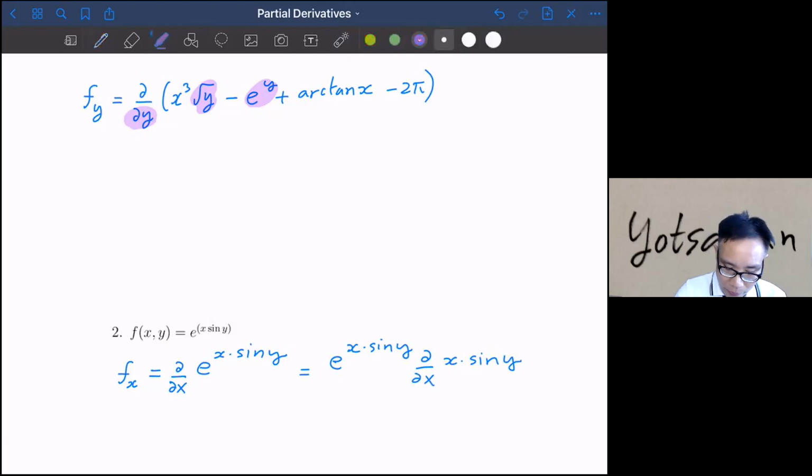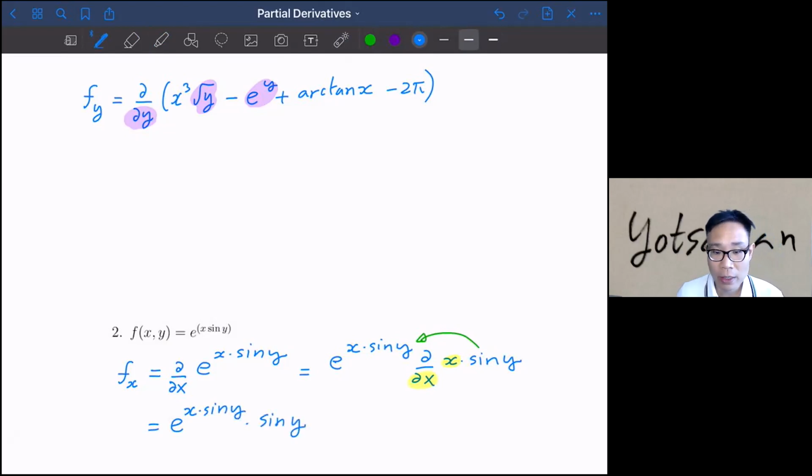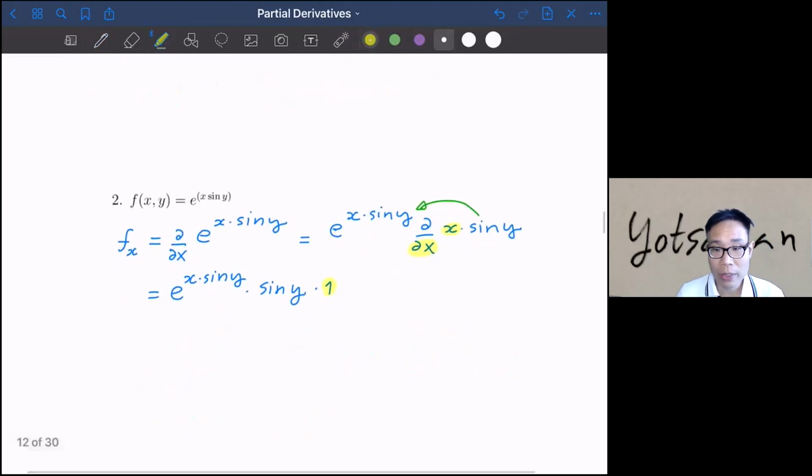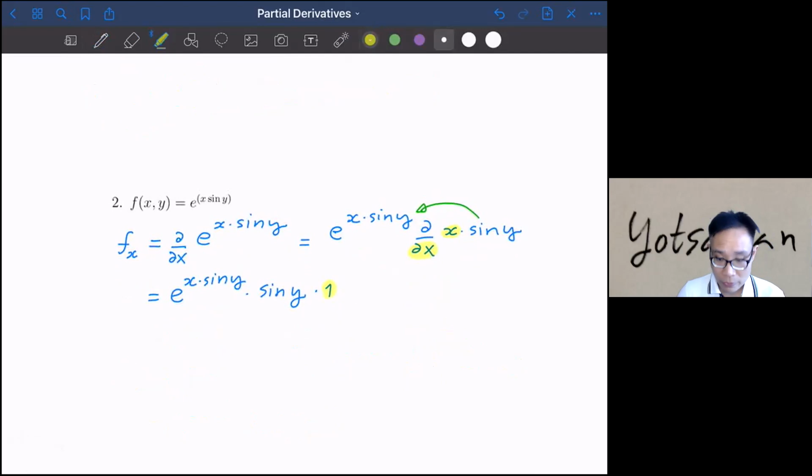And you see that we have the derivative of x sine y, so you're going to pull out sine y to the front, and the thing that you would get will be e to the x sine y times sine y, and you find the derivative with respect to x of x, so it's going to give you 1. Okay, so that's my yellow term. That will be my final answer. Okay, so d/dx of x is equal to 1.